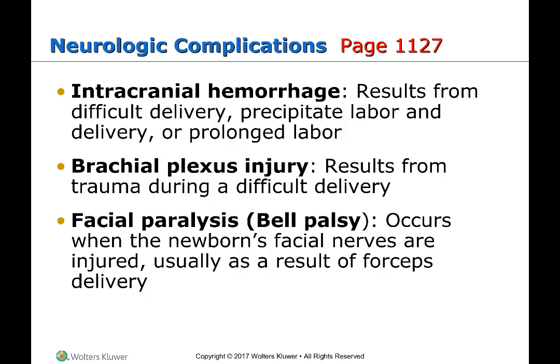Also, if you measured the head, would the head perhaps be larger because of the extra blood in there? So they usually can do an ultrasound or a CT scan or an MRI and diagnose this. So of course the outcome would be how much injury has occurred and what they're going to do.